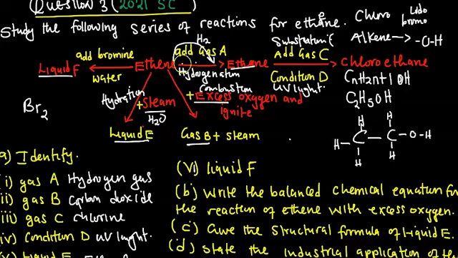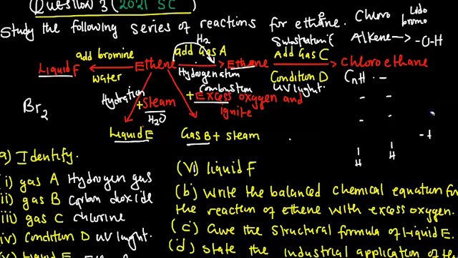In general, the conversion of alkene to alkane is hydrogenation. What is the industrial application? At industrial level, it is used in converting vegetable oil into margarine, or in hardening vegetable oil to form margarine.